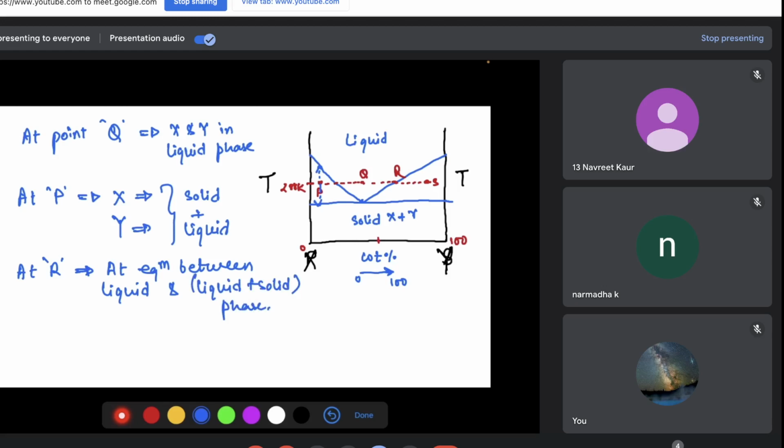Now the last point, that is S. This is again similar to P, so it will be a system having solid plus liquid phases together.